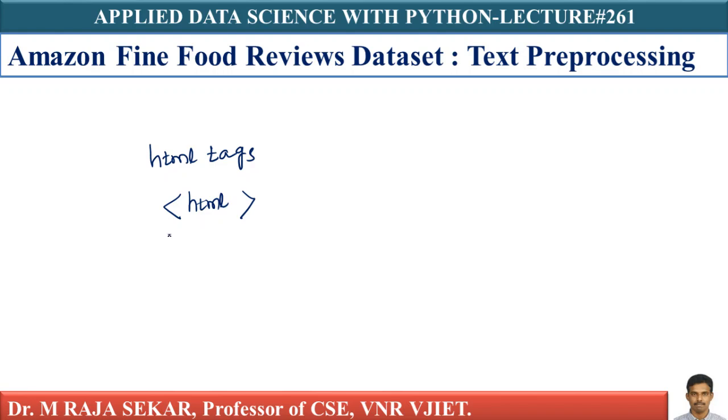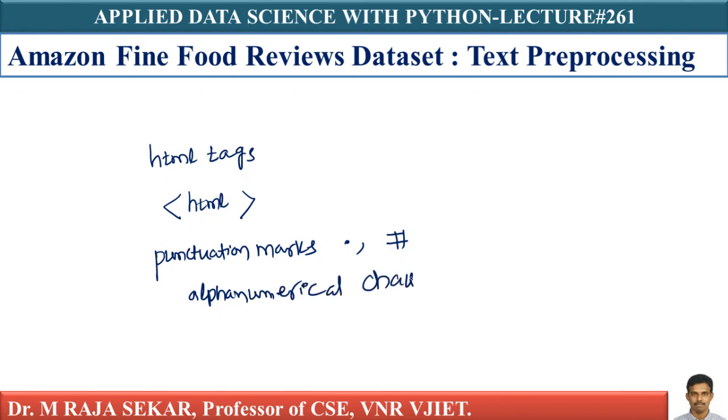We want to remove punctuation marks, something like full stop, comma, hash; these symbols we want to remove. We want to check if a word is made up of alphanumeric characters.